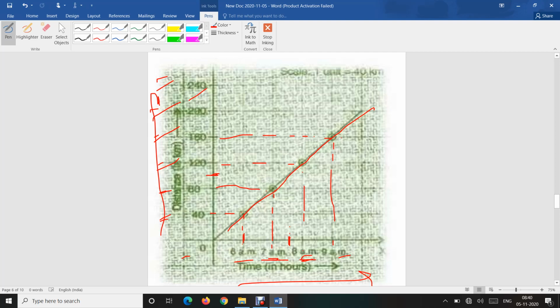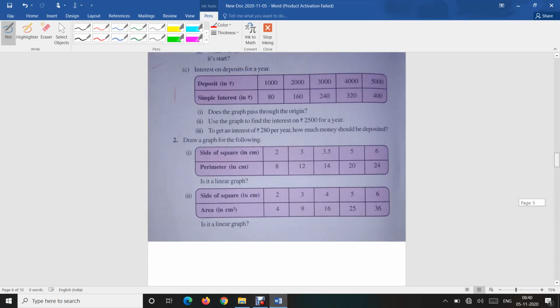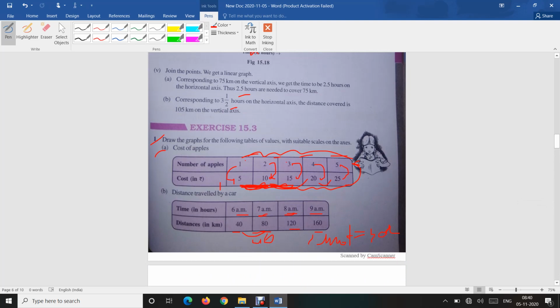So obviously you have to measure that, if the speed is the same. There is one thing: at 6 a.m. the distance is 40, at 7 a.m. it is 80, and at 8 a.m. the distance is 120 kilometers, and 100 is exactly in the middle between 80 and 120.